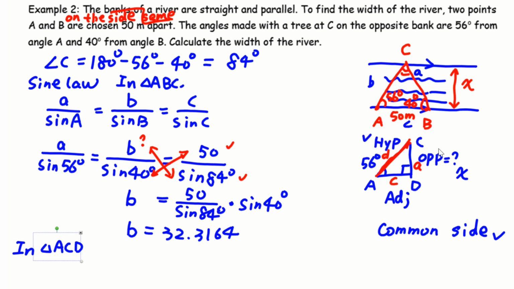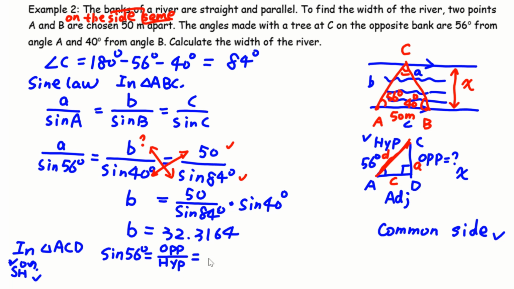So hypotenuse given, we want to find the opposite, so we are going to use SOH. The reason is the opposite is unknown, but the hypotenuse is given. Then the angle is given, so we have two given, one unknown. We want to use sine. So sine 56 degrees equals opposite over hypotenuse.